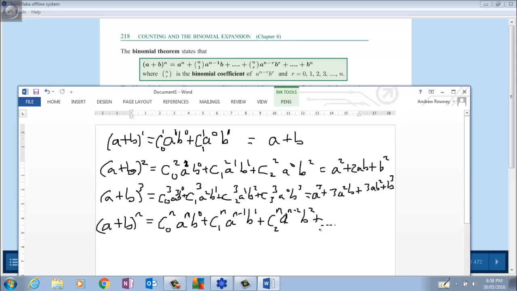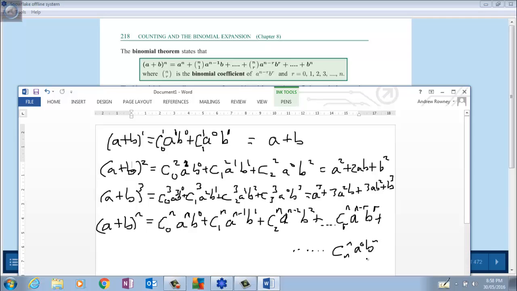We can go to a general term, we'll call it Cr. Now Cr n is going to be a to the n take r, b to the r, plus, and we can go dot dot dot all the way to the end, which is going to be Cnn, and a to the 0 and b to the n.